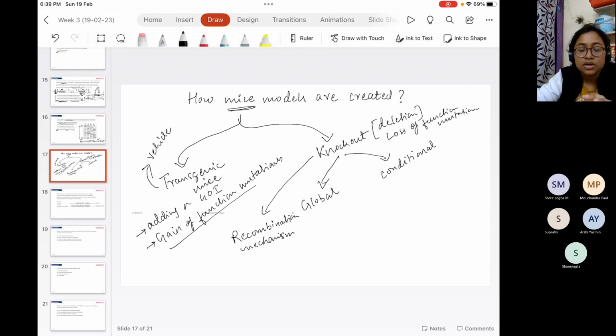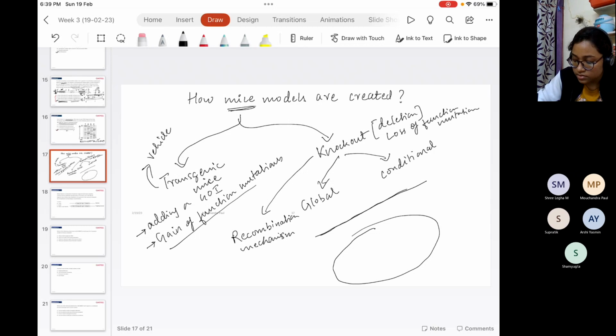So you create again a DNA construct, say in a plasmid like this. This is a plasmid, and this is the DNA segment of mouse, and this is the plasmid carrying, say, one DNA segment which is complementary to this DNA segment.